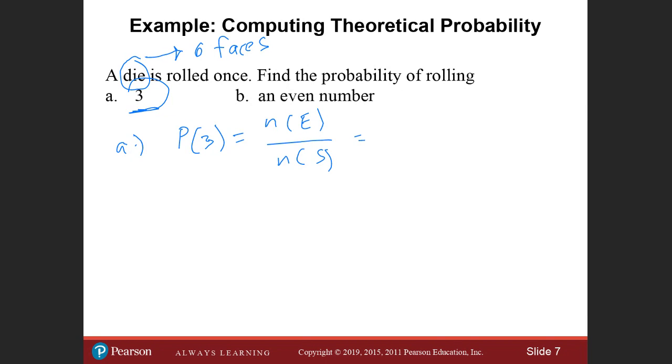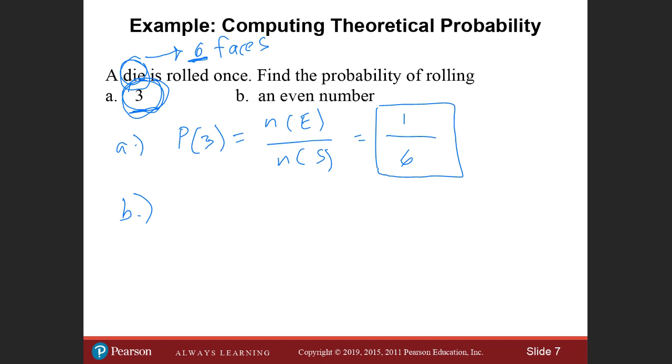So E here is the event, S is the sample space. So you can only have one 3, right? So 1 over, and the sample space for the die would be 6. So we have 6 faces there. So 1 over 6, it's the answer for the probability. You can change that into a decimal value or just leave it as a fraction, like that to be exact.